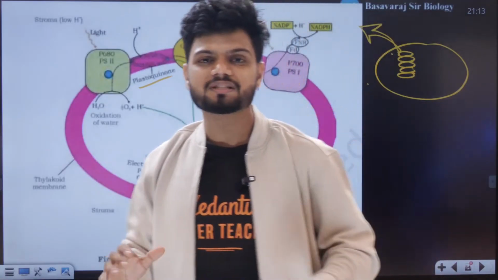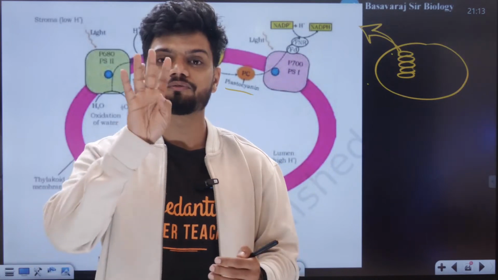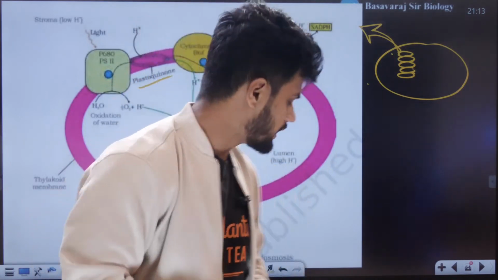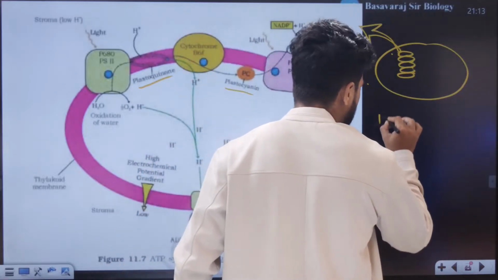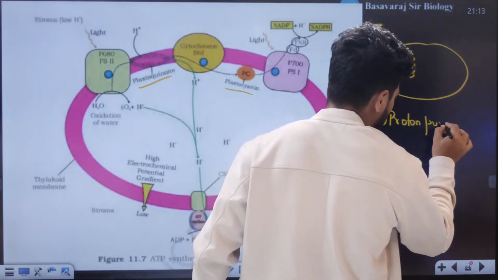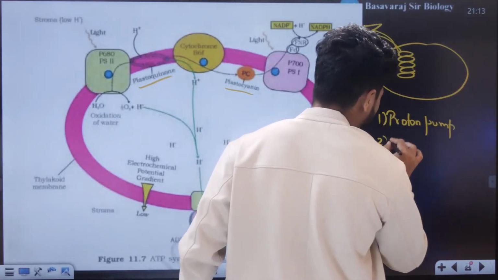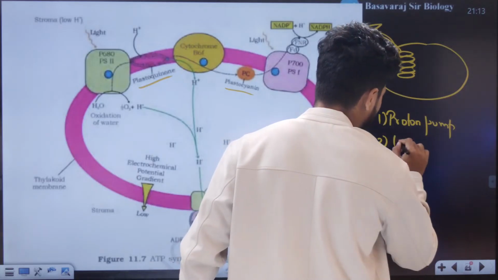Okay. Now, for this entire process to occur, there are four main requirements. For this entire process to work, the first one is called a proton pump. The second thing is called an intact membrane.